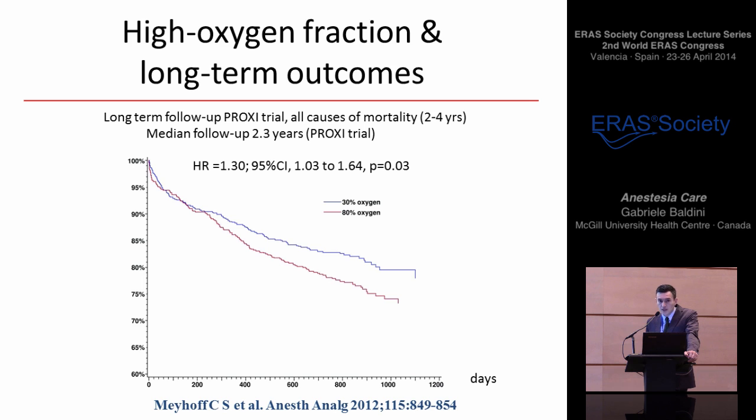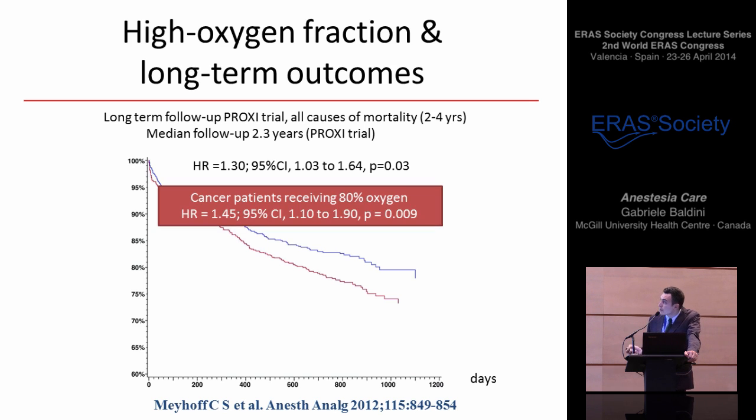And when they looked at subgroup analysis, they were able to show this difference mainly in cancer patients, and the statistically significant results were lost in non-cancer patients. So the authors speculate that high oxygen concentration may also have an effect on cancer recurrence.